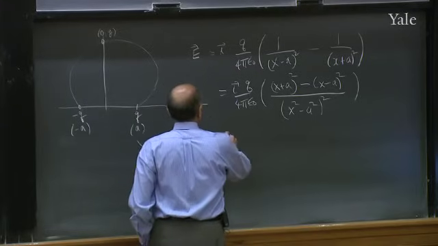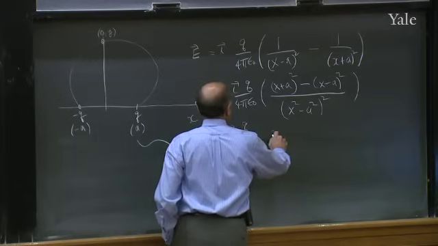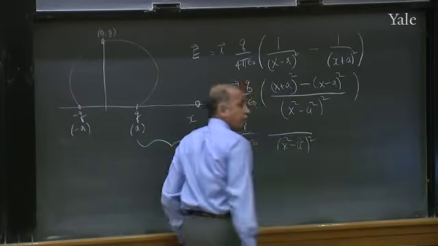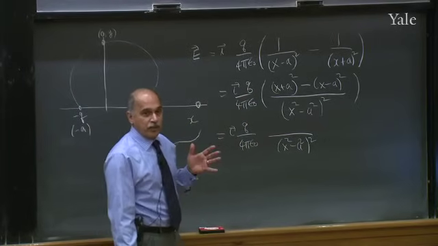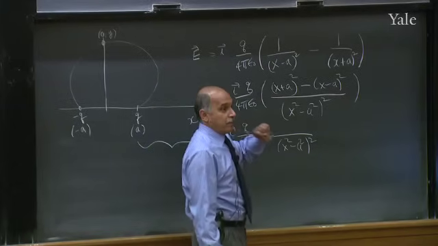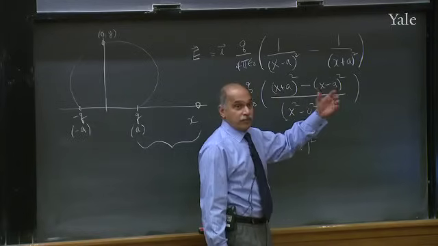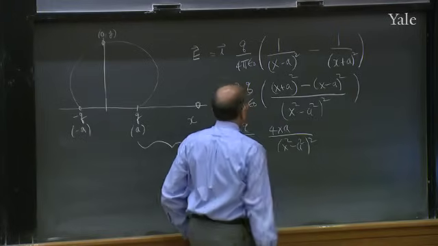So what does that give me? i q over 4 pi epsilon 0 times x squared minus a squared, squared. And how about on the top? Can you do that in your head? This is going to be x squared plus a squared plus 2xa. You subtract from it x squared plus a squared minus 2xa. The only thing that will survive is 4xa.